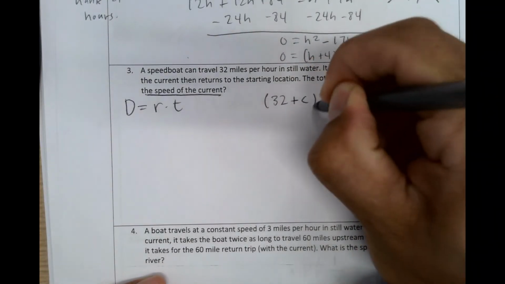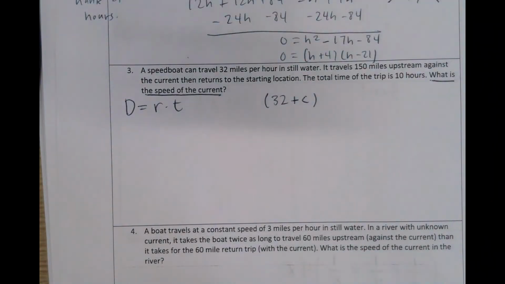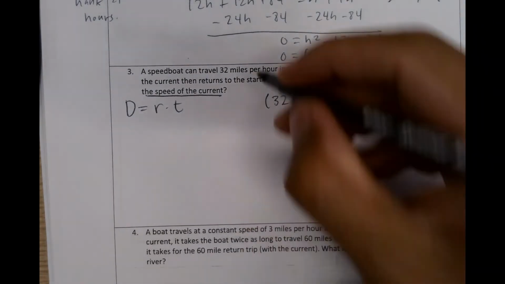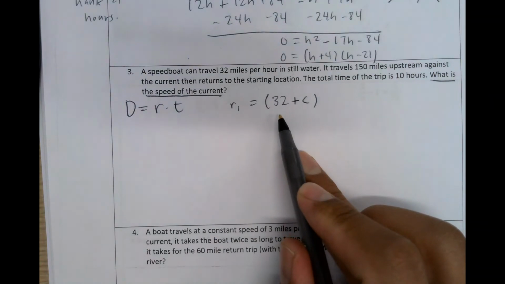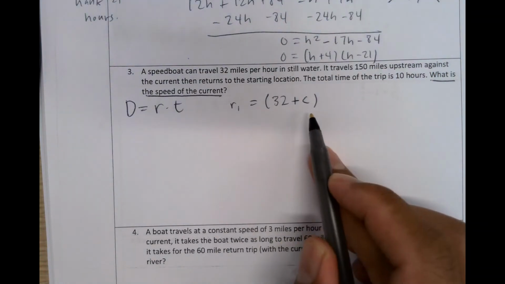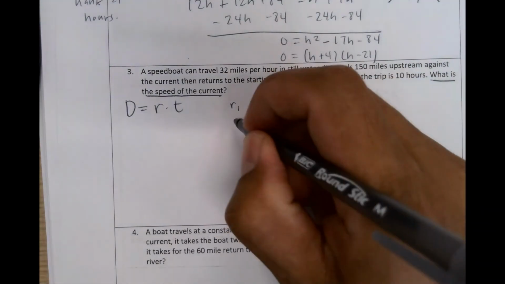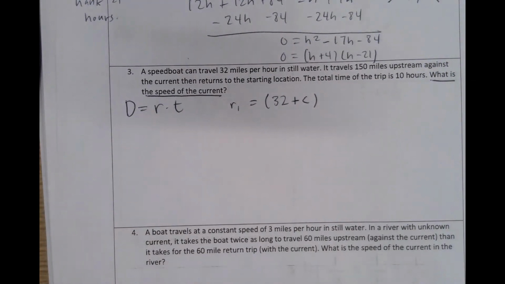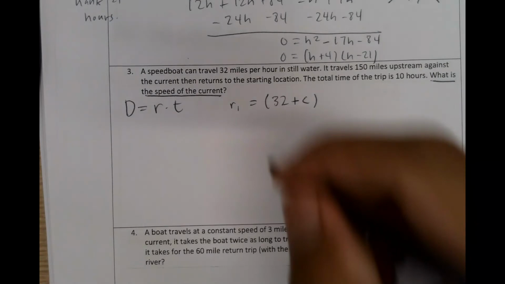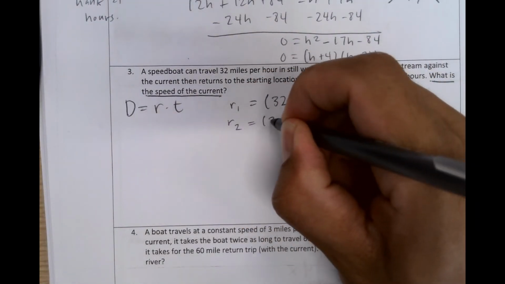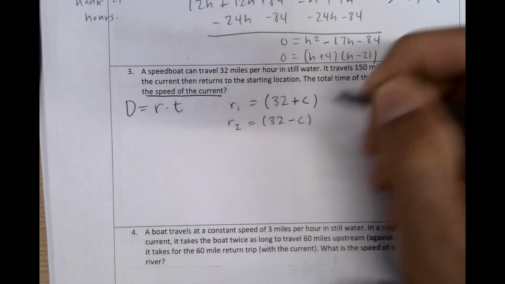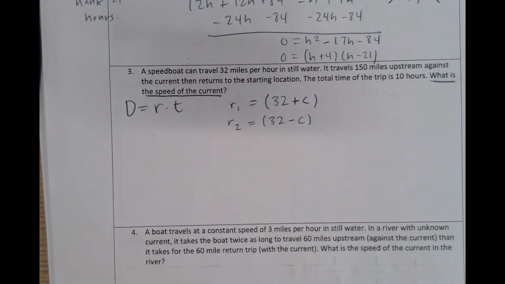We know one of the rates, we could say rate 1 is equal to 32 plus c. This just means that if you're riding on a boat and you're riding with the current, you're going to go faster. Rate 2 is the idea that you're going against the current, so it's 32 minus c, because as you're going against the current, you're getting pushed backwards.